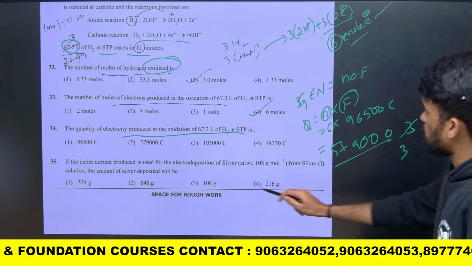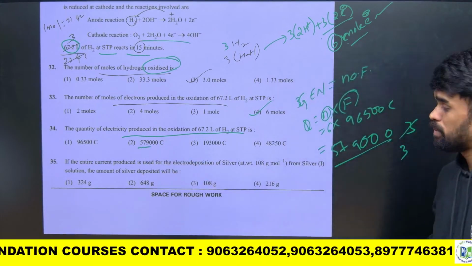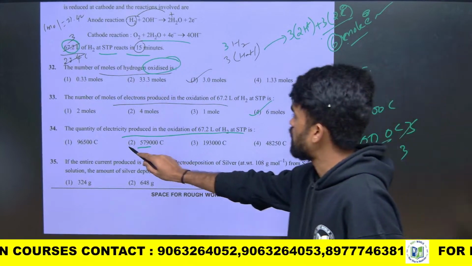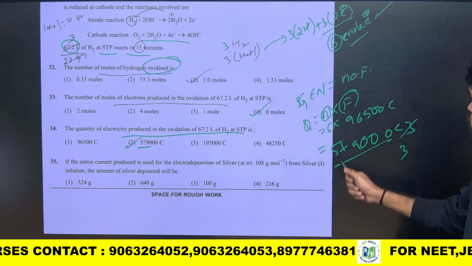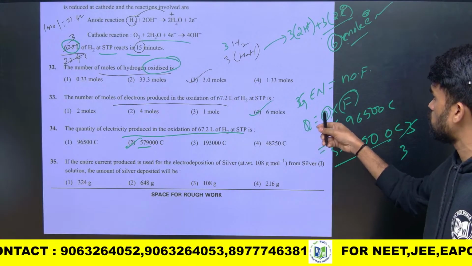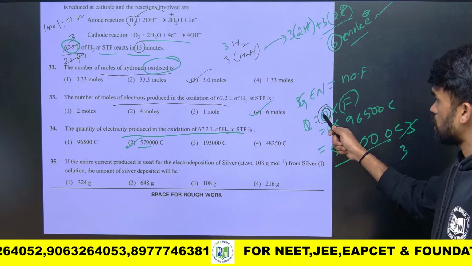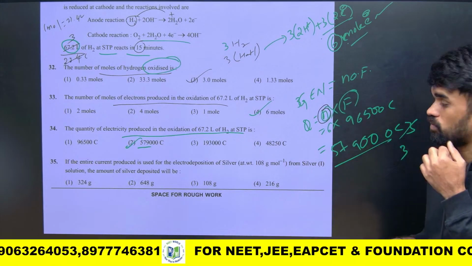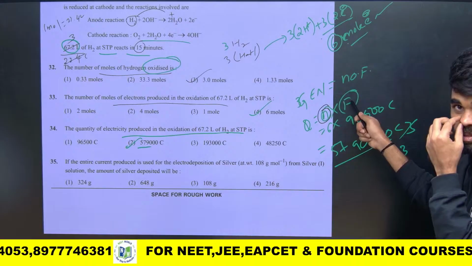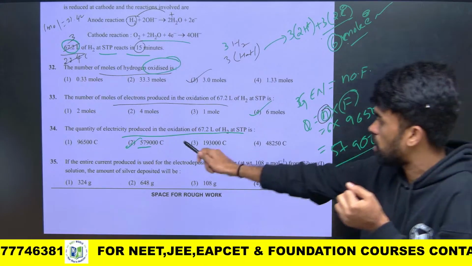Yes, we have an option here, 579,000 coulombs, right? So this is our answer. I hope this is also clear. So how I did it: total charge Q equals number of electrons into Faradays. Charge into number of electrons involved. So 96,500 coulombs into 6 gives our answer.